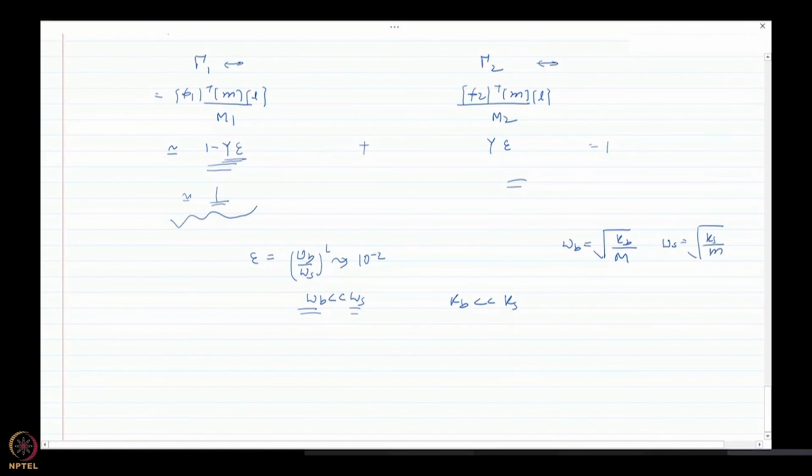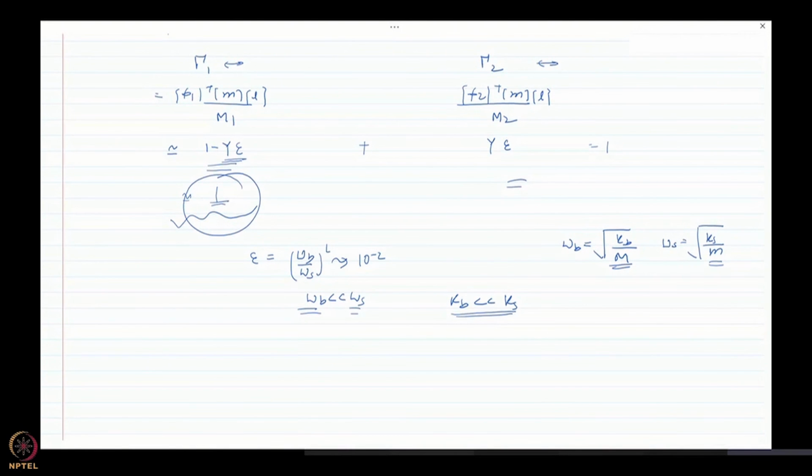So it is not directly proportional to Kb; it also depends on the mass. But assuming that the masses are comparable, not an order of magnitude different, as long as you ensure that, you can ensure the effectiveness of the base isolation structure by ensuring that the contribution to the response mostly comes from the isolated mode. Okay, is this clear?